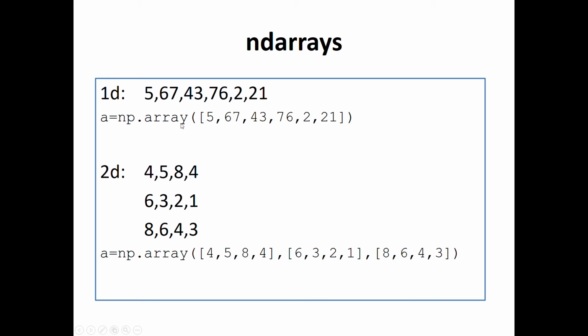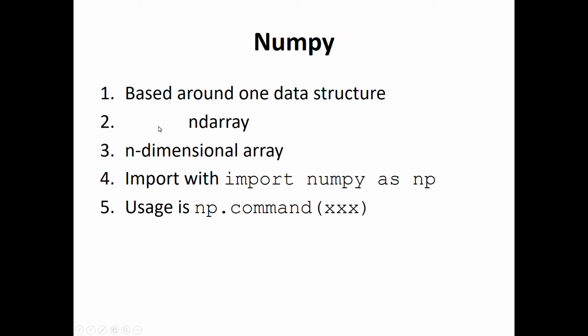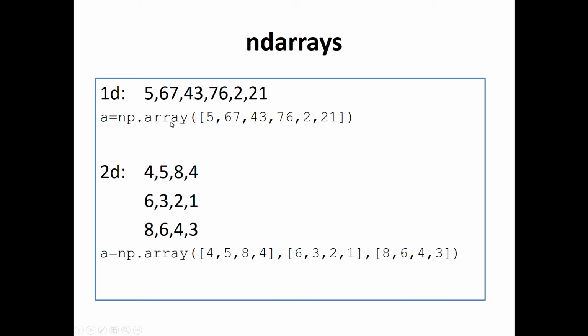So np.array will create an array, and inside parentheses we can give a list of items, separated with commas. So this creates a one-dimensional array, and it is a list. In fact, a one-dimensional array is a list.